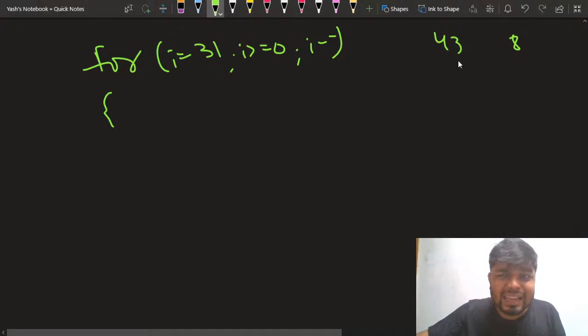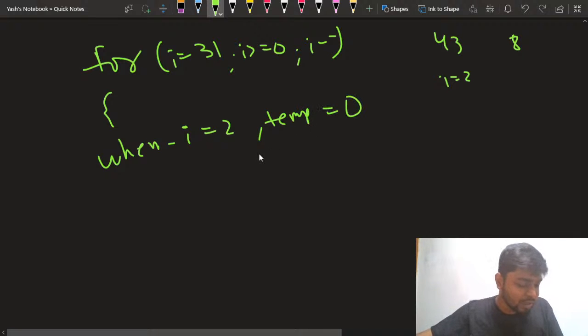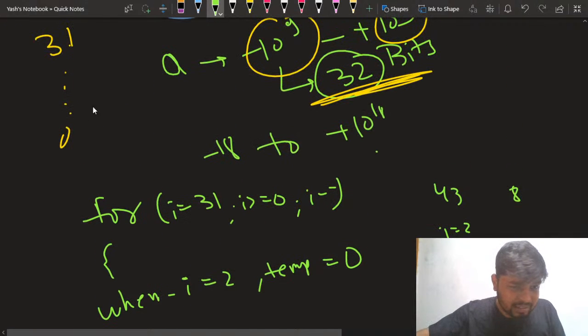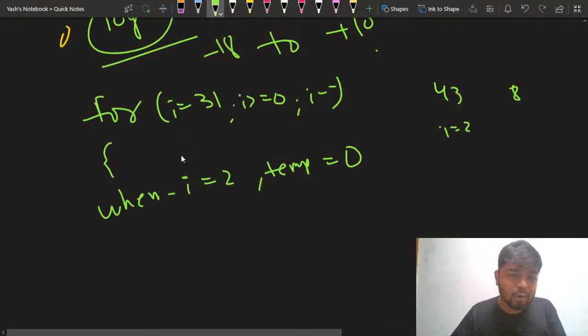So I'll get I equal to 2, and when my I is equal to 2, my temp value will be equal to 0. The time complexity for this code will be log n, since you are iterating only over the number of bits.